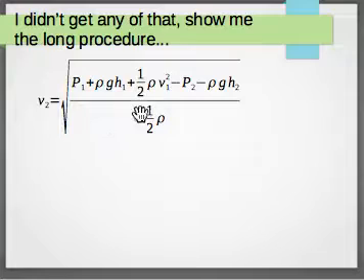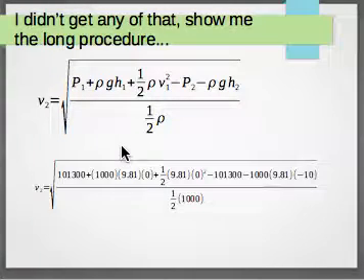I'm going to start with the same equation, and I'm going to plug in the values for the problem. They didn't tell me anything about pressure 1 and pressure 2, so I'm going to place the atmospheric pressure, 101,000 pascals. There you go, and pressure 2 is also there. Density, gravity, and height, got them right there. Density is 1,000, gravity is 9.81.